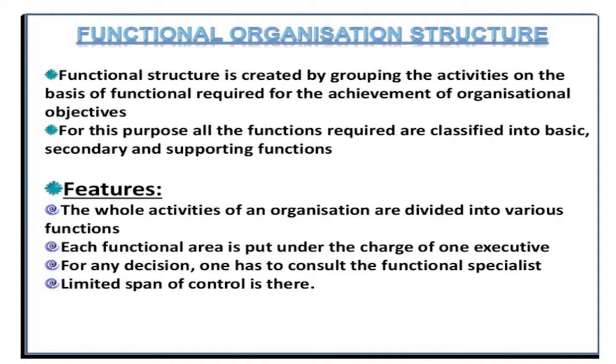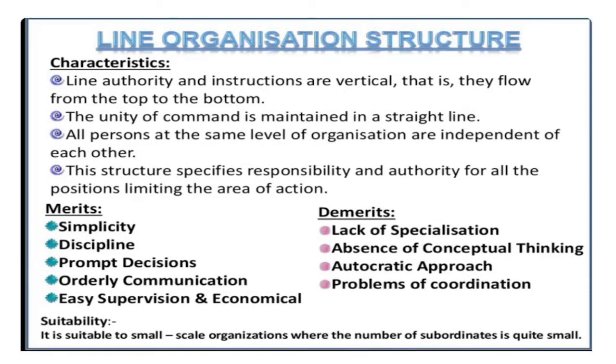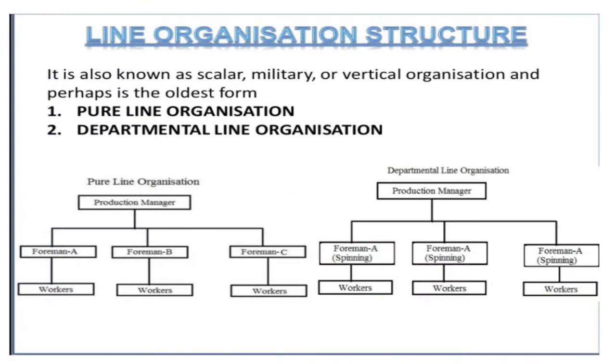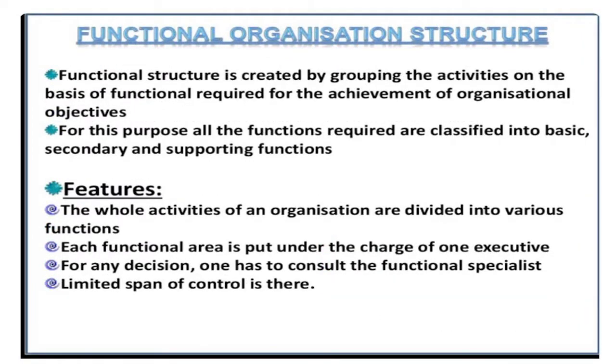For any decision, one has to consult the functional specialist. Whatever decision is to be taken, look at the departmental one. If there is a spinning department, the executives all will meet with the production manager to take a decision regarding the spinning in that mill.